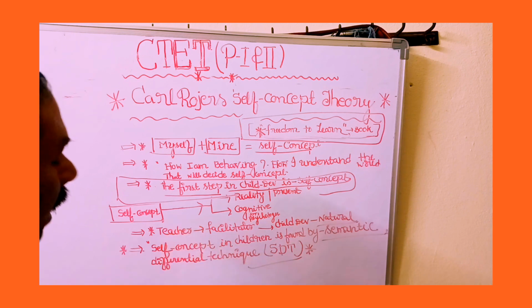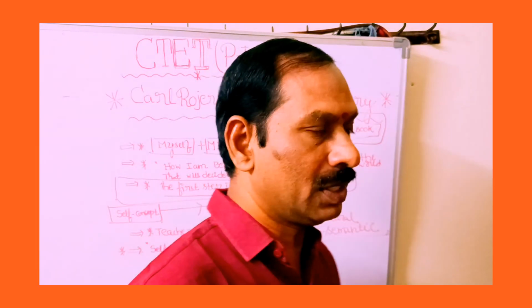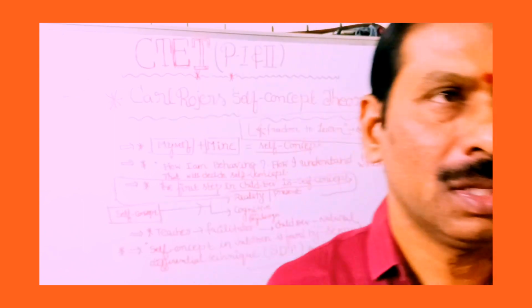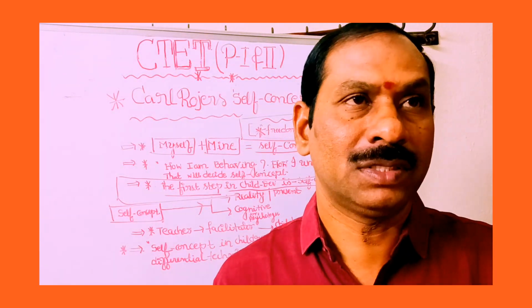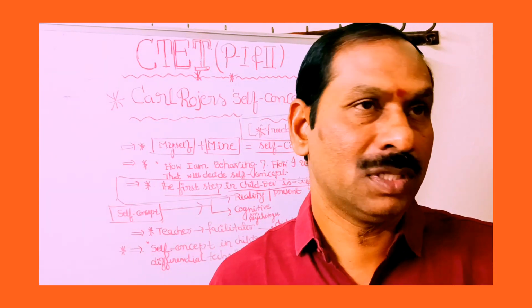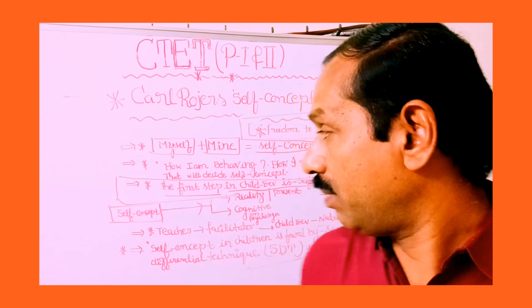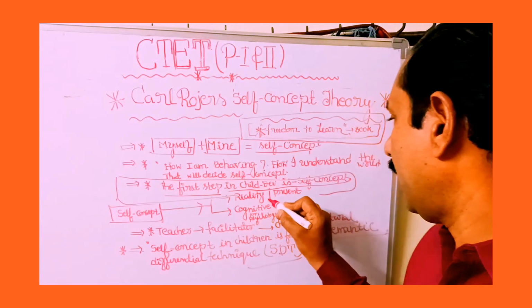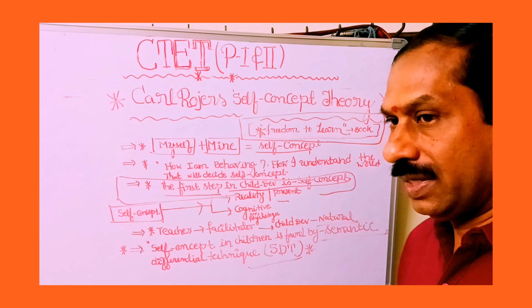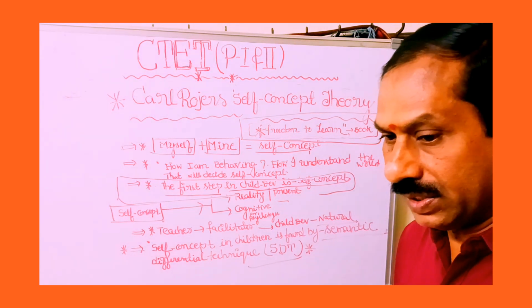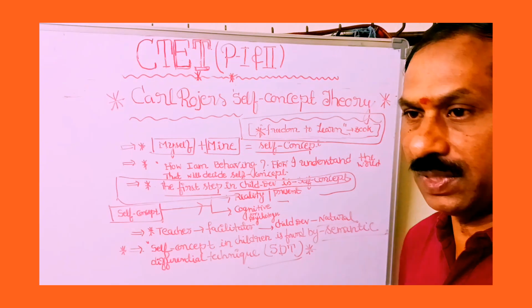And next, according to Carl Rogers, self-concept is divided into two types. Number one, reality or present state.